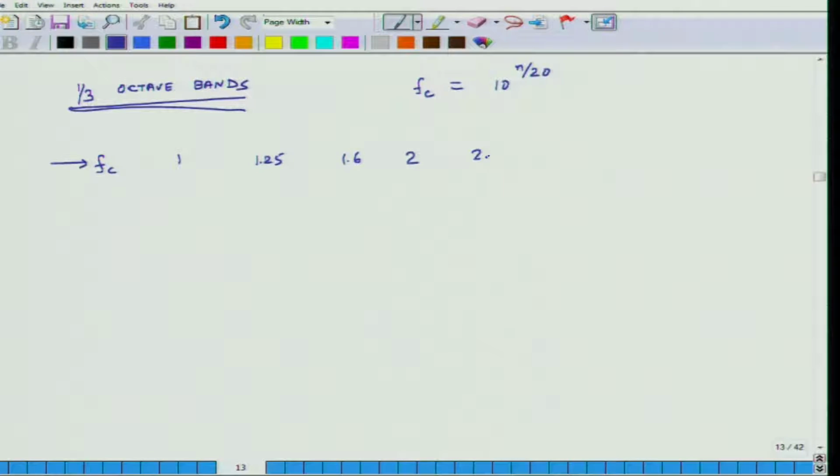So 2, 2.5. So I am writing down approximate values. 4, 5, 6.3, 8. And when n is equal to 10, it becomes 10 hertz.